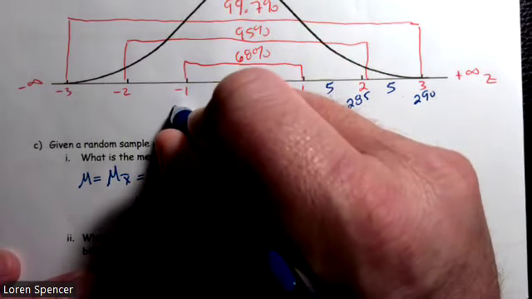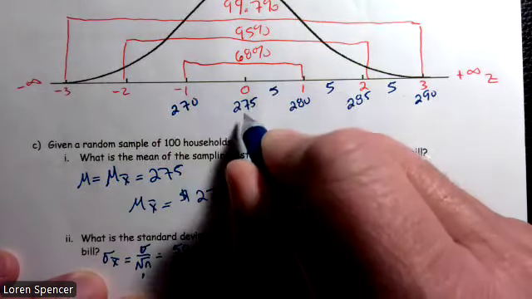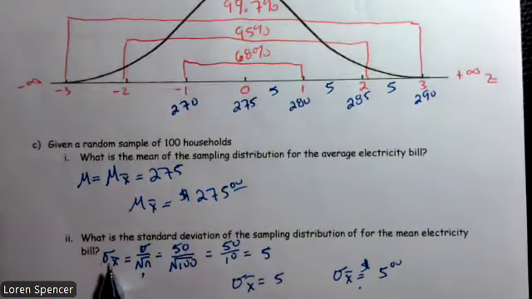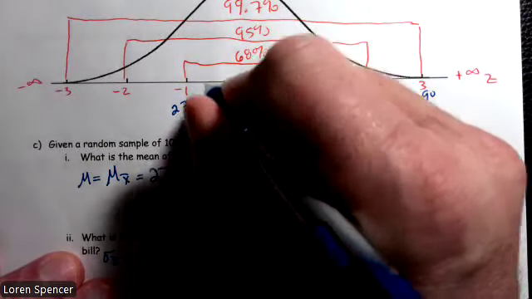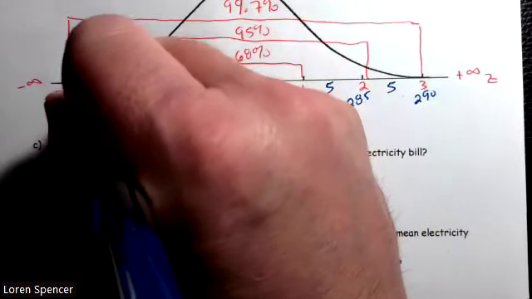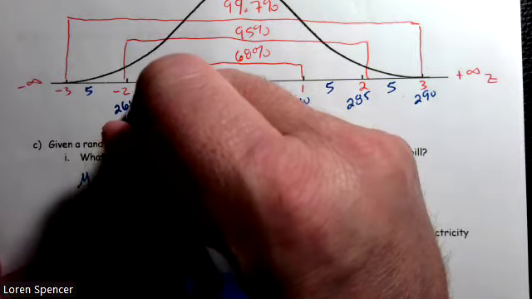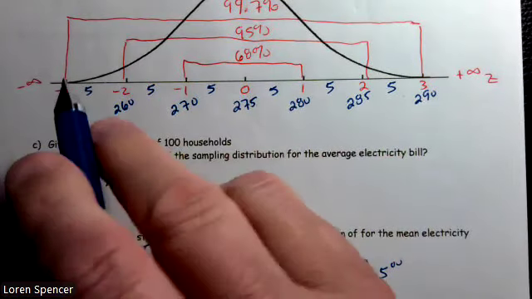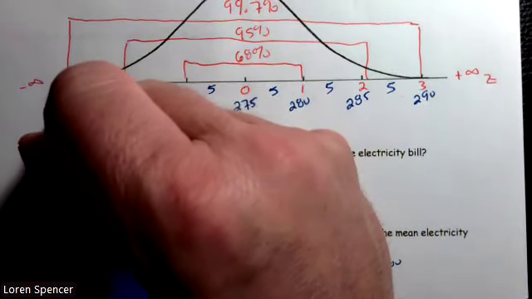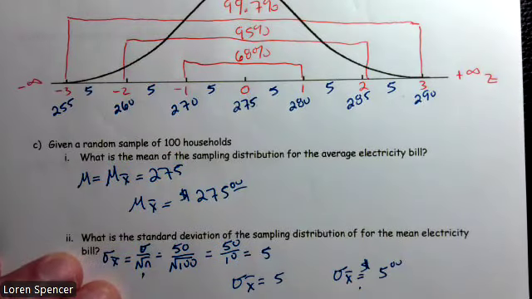Subtracting 5, we drop down to 270. And we're going to subtract 5 more from the 270 and drop down to 260. And we'll subtract 5 more from that and end up at 255.